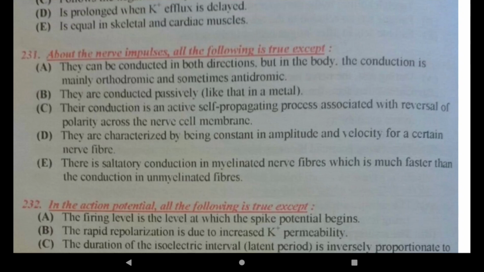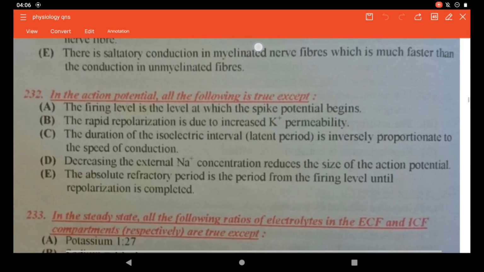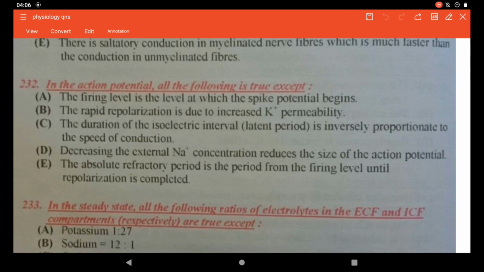The other alternatives are all correct except for B. It is not a passive process, it is an active process. Okay.